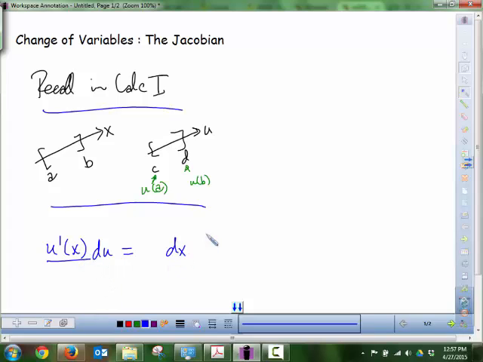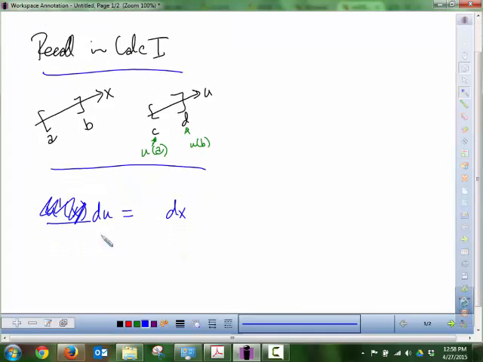So we need to replace our x with something, with the differential is what we called it, but something with a u. I'm sorry, I think this should be x prime of u. I think the u prime is over here. How's it go again? Let me see if I can reconjure this up.